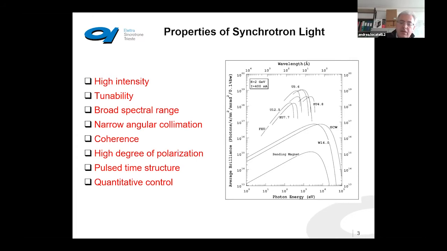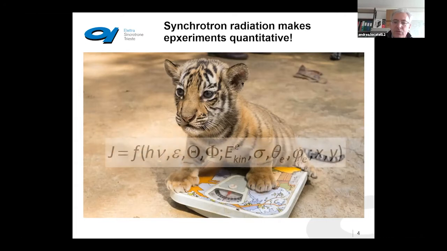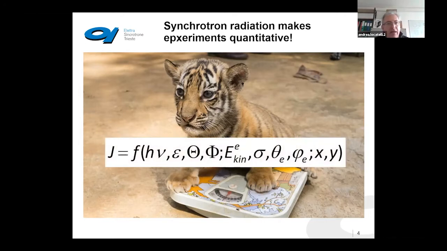But the reason why you want to do experiments, and probably you have already learned that it's not that easy to perform experiments, is that you want to be quantitative. And synchrotron radiation allows you to be quantitative.